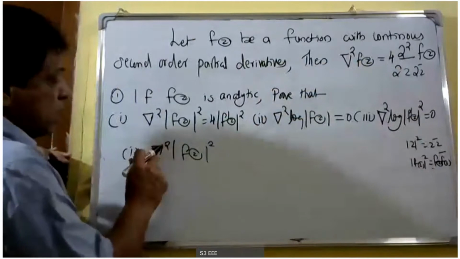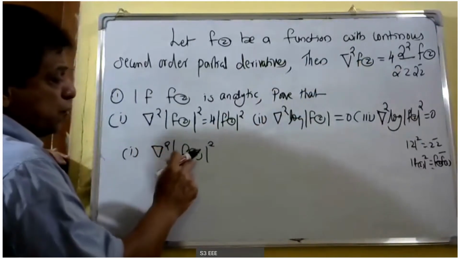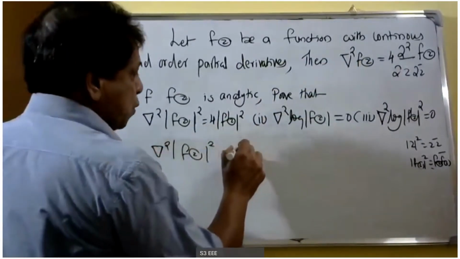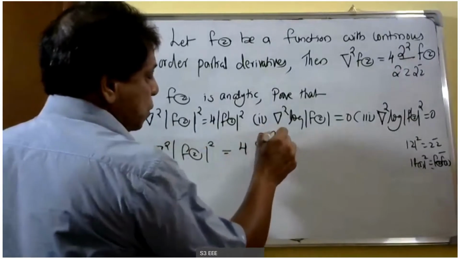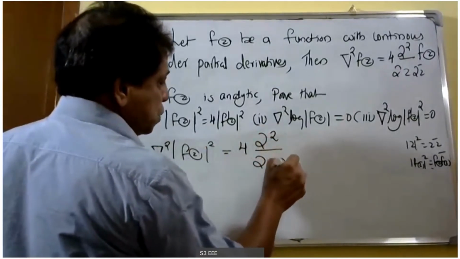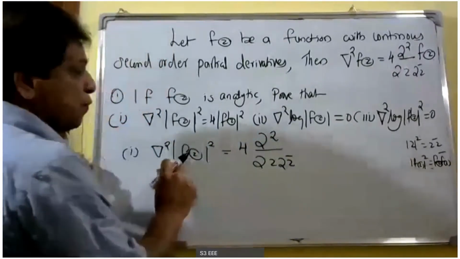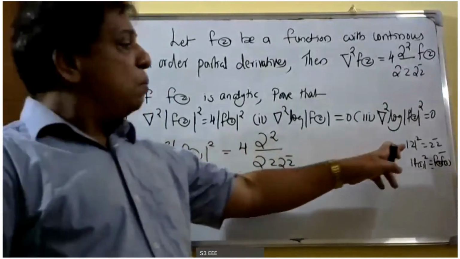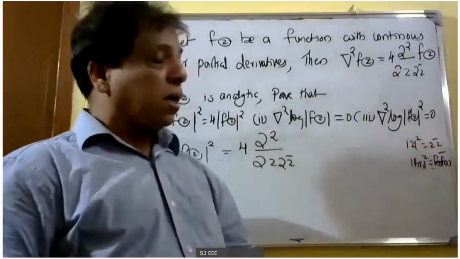Then we can do the first problem. The first problem, del square modulus of f of z whole square is equal to 4 into dou square by dou z into dou z bar modulus of f of z square. We know that modulus of z square equal to z into z bar.